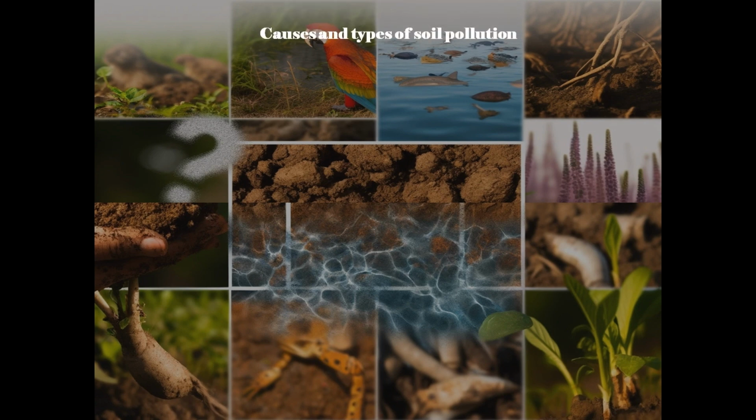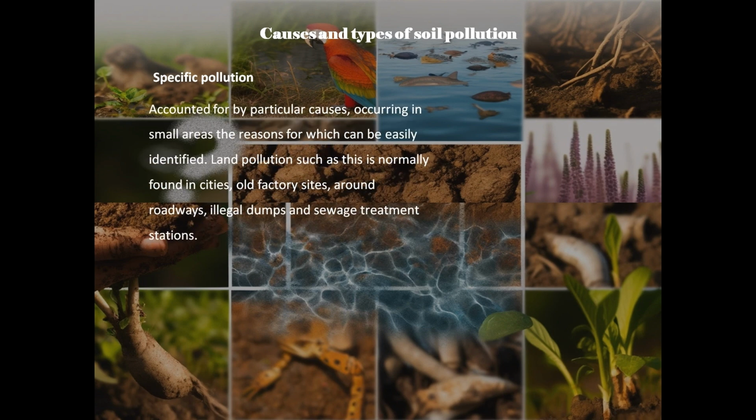Causes and types of soil pollution. Specific pollution is accounted for by particular causes occurring in small areas, the reason for which can be easily identified. Land pollution such as this is normally found in cities, at factory sites, around roadways, illegal dumps and sewage treatment stations.